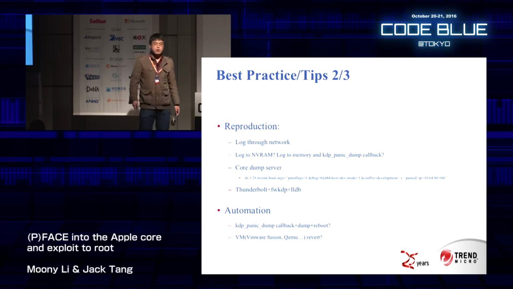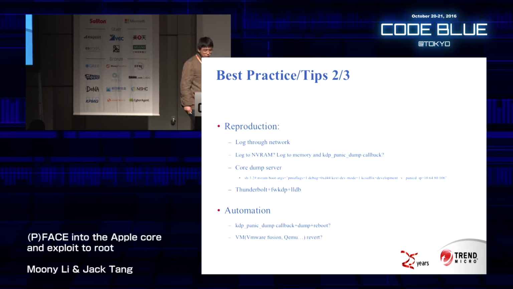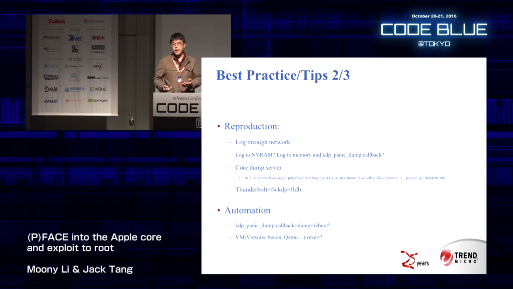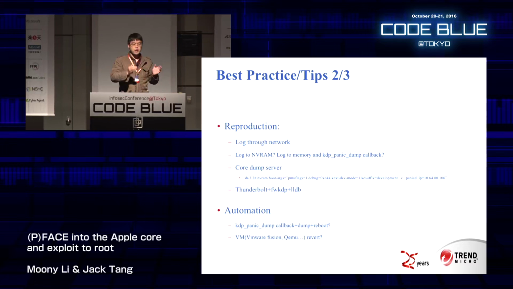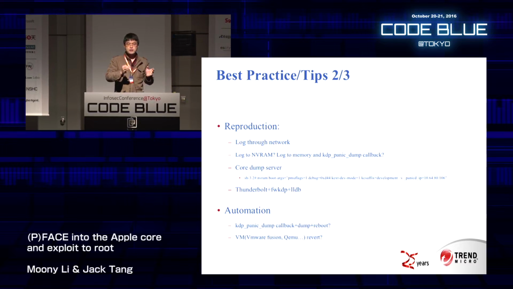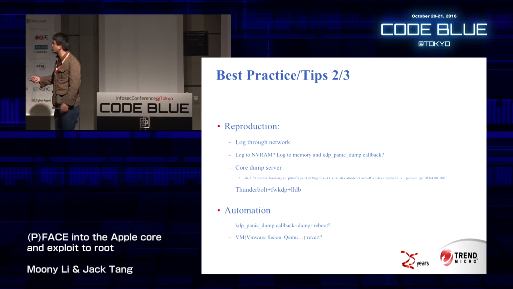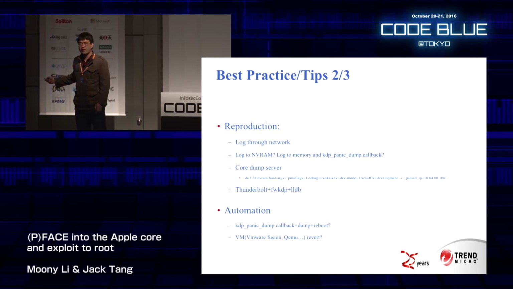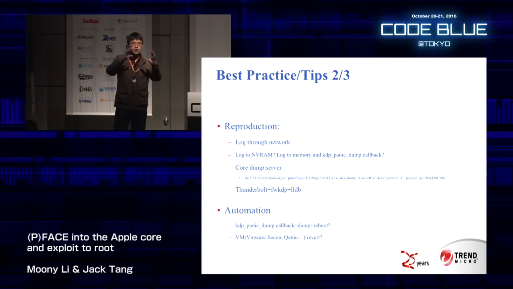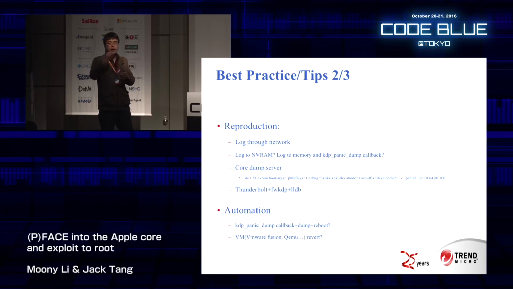To make the whole passive fuzzing framework automated, we recommend you put your fuzzing framework into a guest OS machine. For example, you can put them in VMware Fusion and QEMU and so on. And you can create one initialized snapshot. And then you could run your passive fuzzing from this snapshot. And if the guest OS crashes, you can get the whole kernel dump for your reproduction.